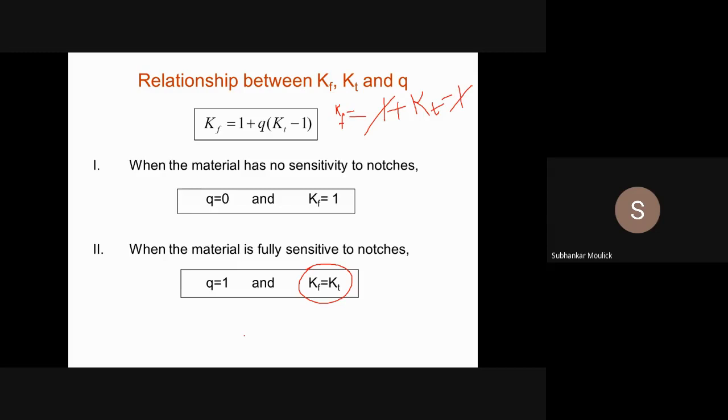Is it okay? Any doubt so far? No, sir. Okay, so remember, you cannot blindly use this expression to design the component subjected to fatigue failure. Remember these conditions. You have to read the design problem very carefully. Then according to the conditions of the problem, you have to apply the formula. Okay.